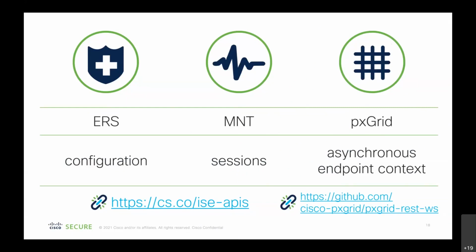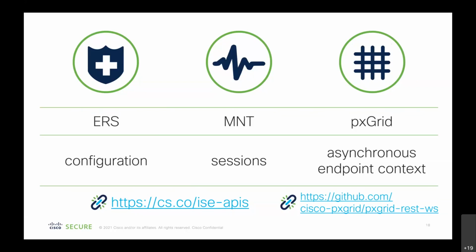Then we also have M&T, your monitoring troubleshooting node. It has its own REST APIs for being able to query sessions. And then we also have pxGrid. If you're doing pxGrid, you have the ability to do queries on different endpoints that pxGrid knows about. So we support all three of these REST-based APIs.